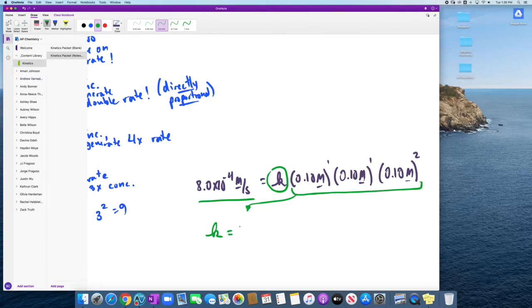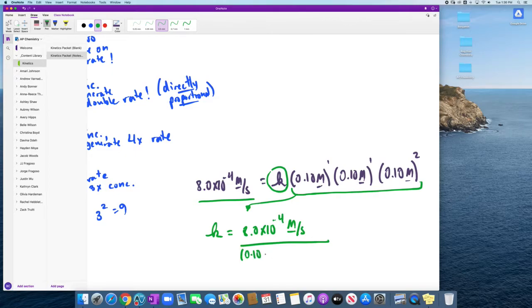So K equals 8.0 times 10 to the negative 4th molarity per second, and we're going to divide by 0.1 times 0.1 times 0.1 times 0.1 again. So that's 0.1 to the 4th power, but I'll just write that out here.